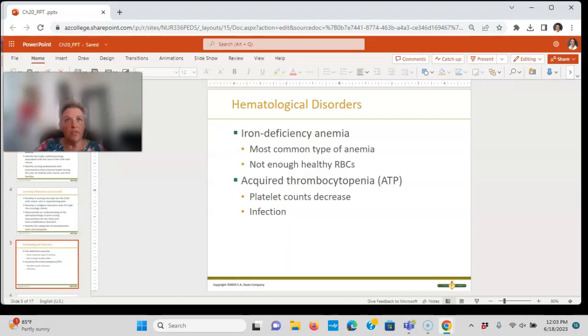So this is assessed for petechiae, spontaneous bleeding such as nosebleeds, blood in the feces, blood in the mucous membranes, petechiae, purpura, thorax, extremities, and their platelet count is going to be low, 150 to 450. And provide mouth care with soft toothettes, monitor stools for occult or frank blood.